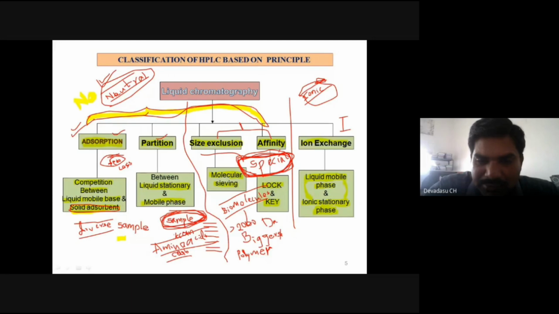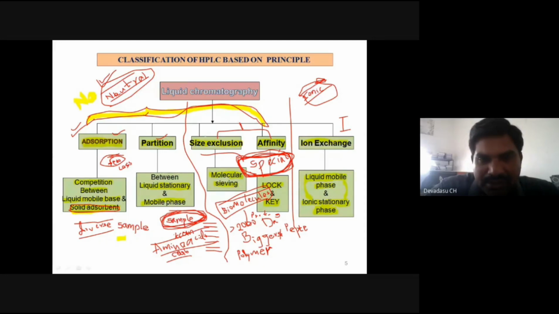And large biomolecules like proteins, albumins, globulins, and peptides. These kinds of biomolecules have large molecular size, which cannot be separated by either adsorption or partition. Such types of samples can be analyzed by size exclusion chromatography.